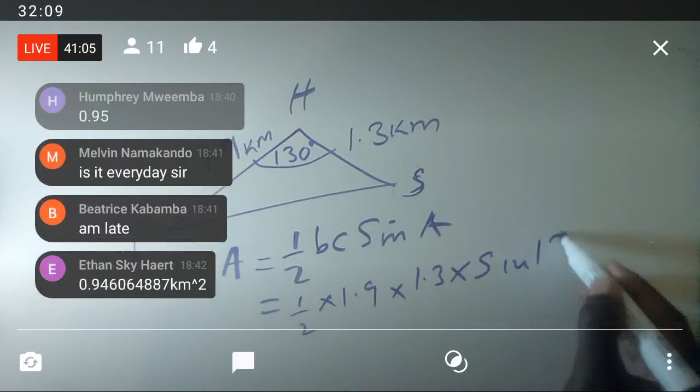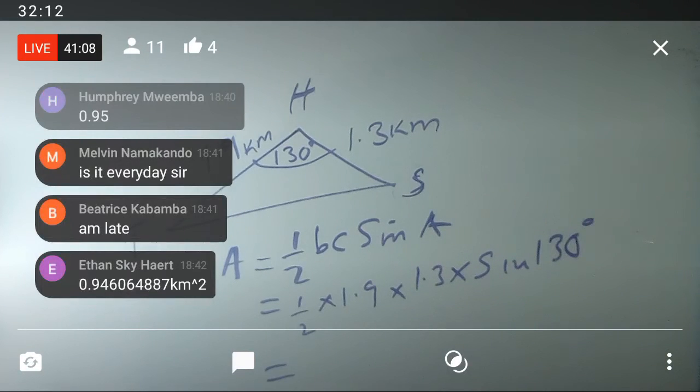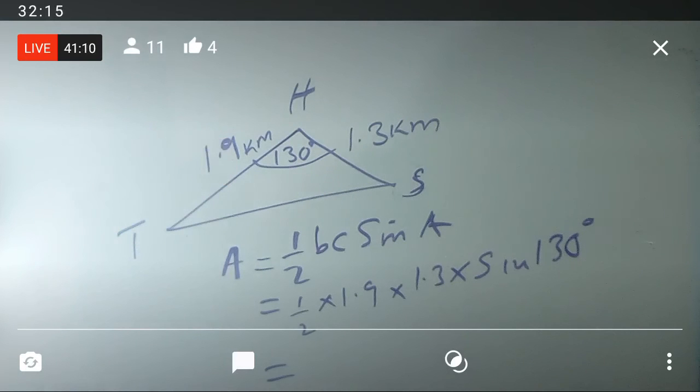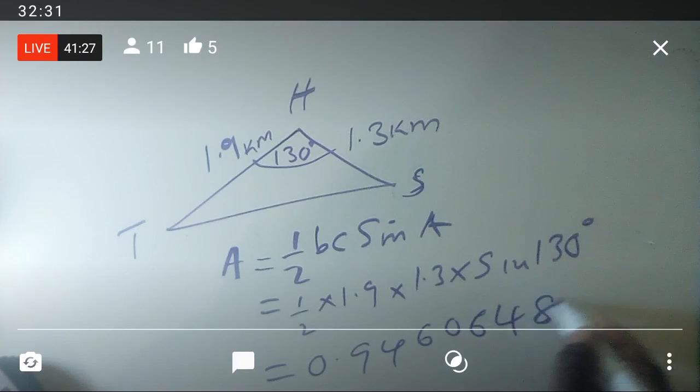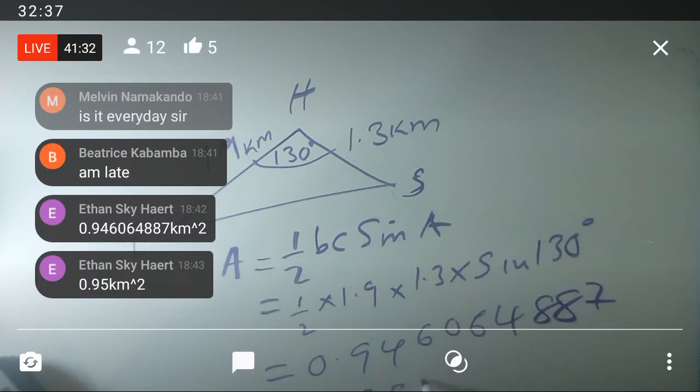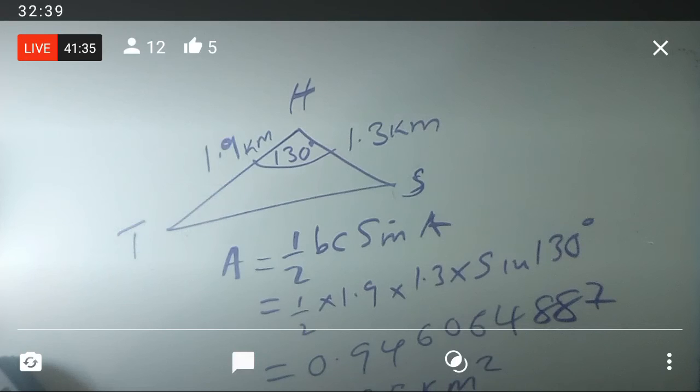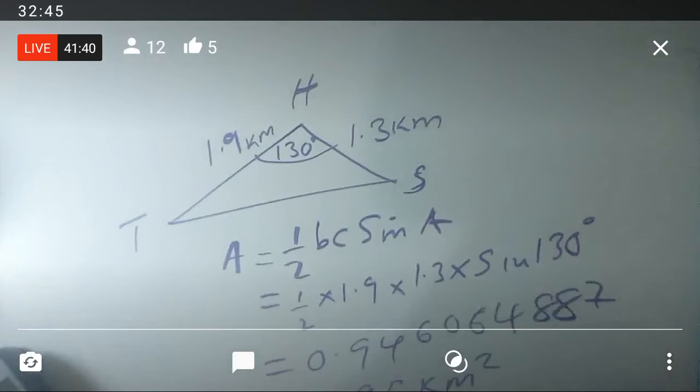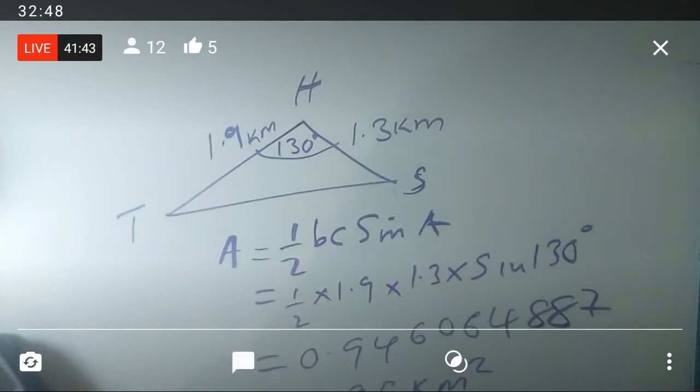Once you punch it on your calculator, you find that your answer will be equal to 0.9460648887. You can round it off, so this is our answer over here.